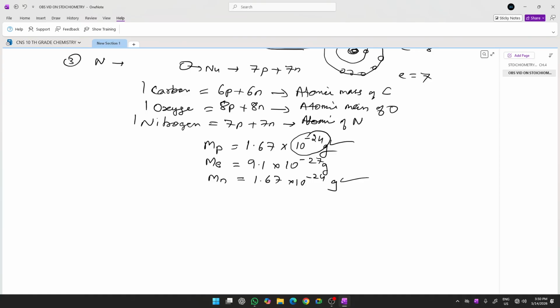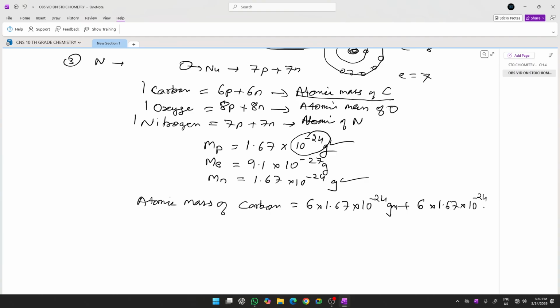So what will be the atomic mass of carbon? Since we are not considering electrons for mass, the atomic mass of carbon is equal to 6 times 1.67 times 10 raised to minus 24 grams plus another 6 times 1.67 times 10 raised to minus 24 grams, right?